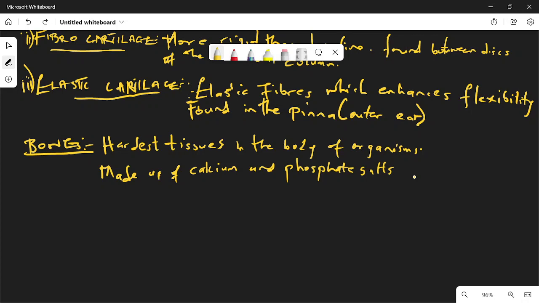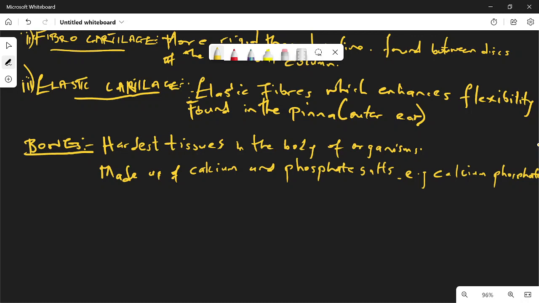Example, we have calcium phosphate. So that particular supplement that we take, that they tell us that it is good for strong bones and teeth, they are referred to as calcium supplements.